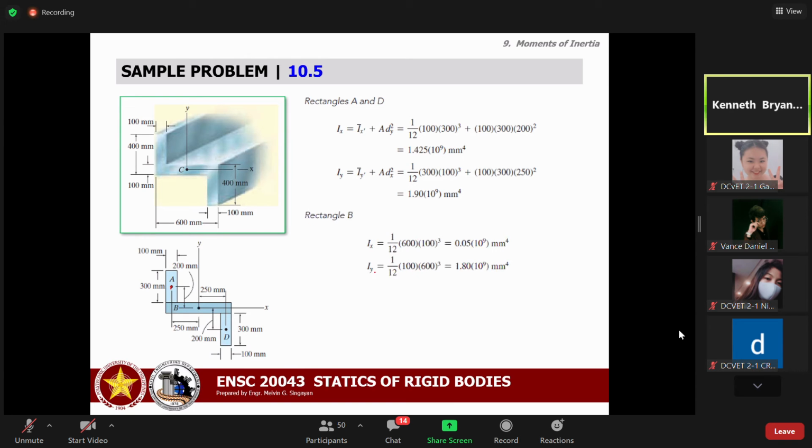So yung rectangle B naman, walang transfer term na A dy squared. Bakit kaya? So ano lang siya? Centroidal moment of inertia lang. Bakit kaya walang plus A dy squared or plus A dx squared? Anyone?